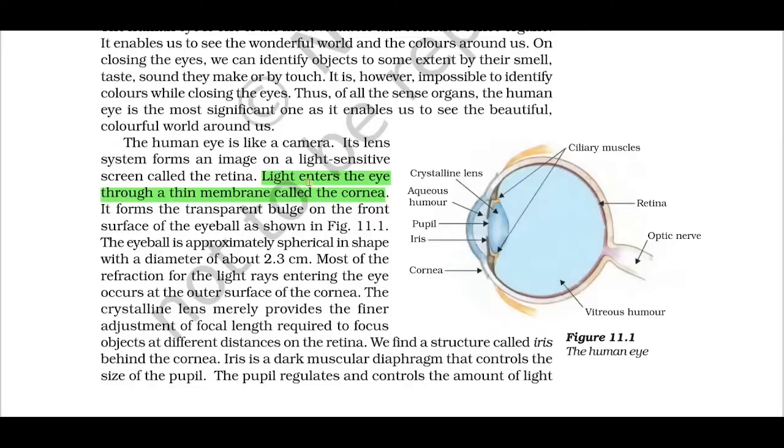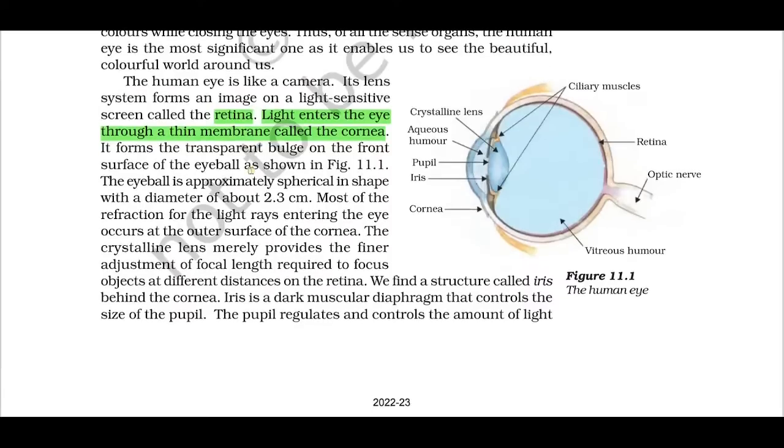And the eye has a lens system that forms an image on a light-sensitive screen called the retina. The image is formed on the light-sensitive screen in the eye. It is called what? Retina. The eyeball is approximately spherical in shape with a diameter of about 2.3 centimeters.